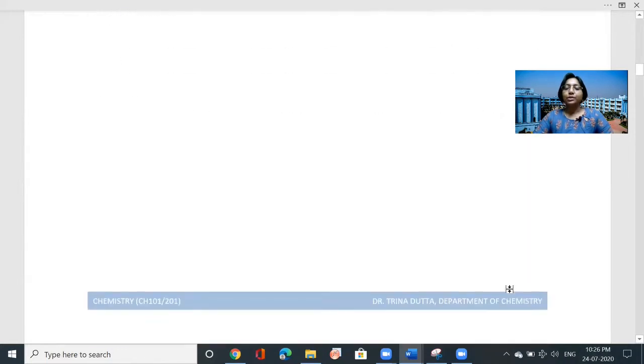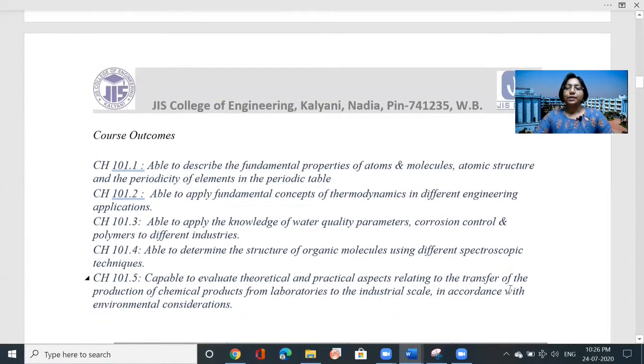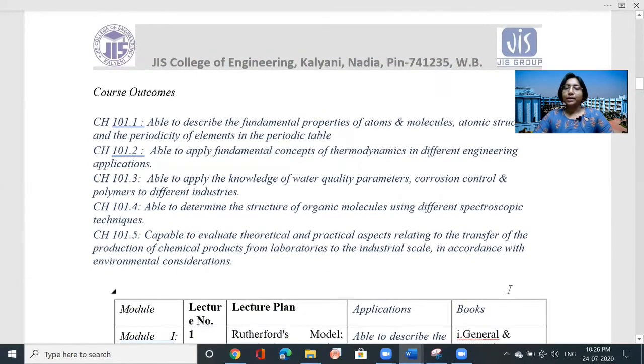In the outcome part, there are lots of outcomes of the chemistry subject, and I am continuing now with the periodic properties. From this topic, the students will learn the periodicity of the elements in the periodic table.